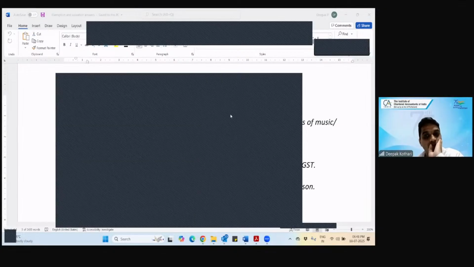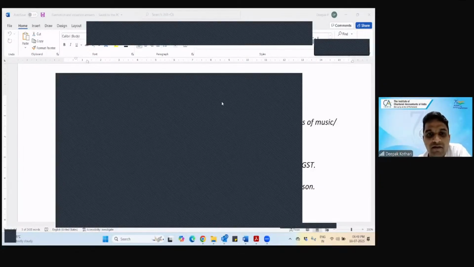Sunil Kumar, you said it the wrong way round. Renting of room is taxable and Kalyan Mandapam is exempted? No. Kalyan Mandapam is taxable and room rent is exempted. Correct. All right. Again, notification number 12 of 2017.